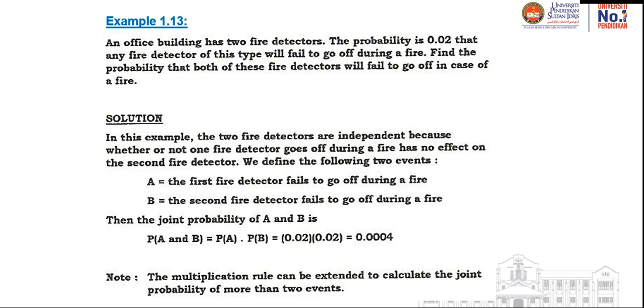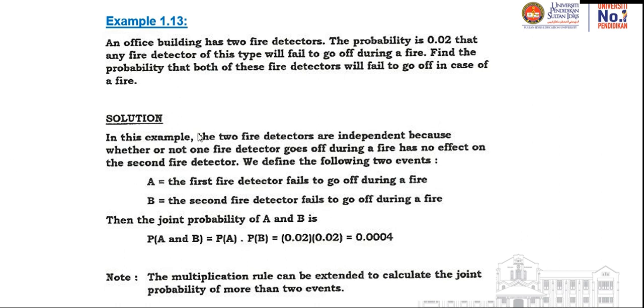In order to find the probability of both, which means probability of A and B, the probability of A obviously we know is 0.02, and probability of B, for this case we never know it, but we know the nature of the fire detector, they are independent. If the first fire detector is in room A and the second fire detector in room B, they are independent.